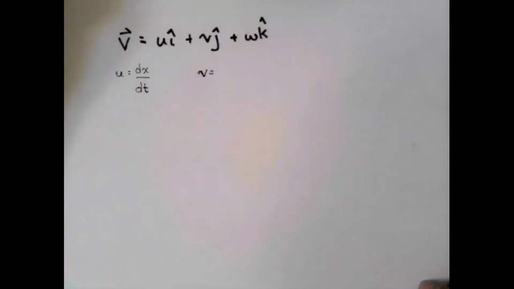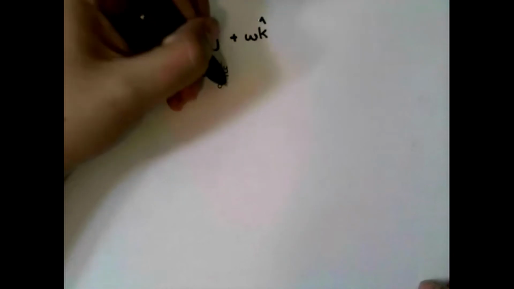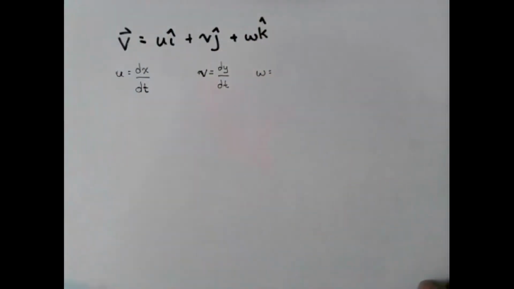Similarly, I can find V, the Y component of velocity, by taking the derivative of the Y position of the particle with respect to time. And finally, I can find W by taking the derivative of the Z position with respect to time.